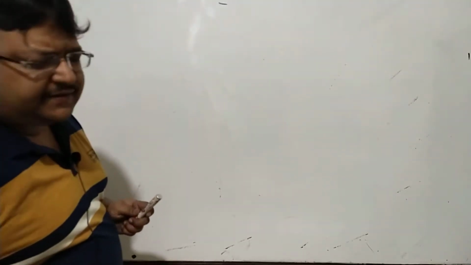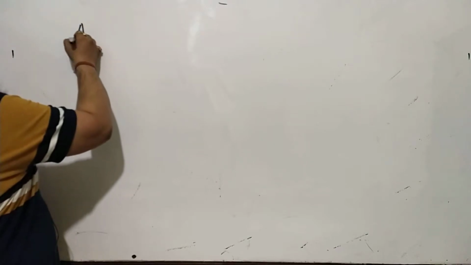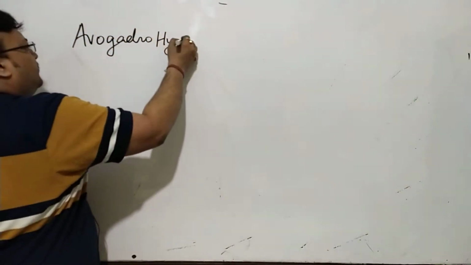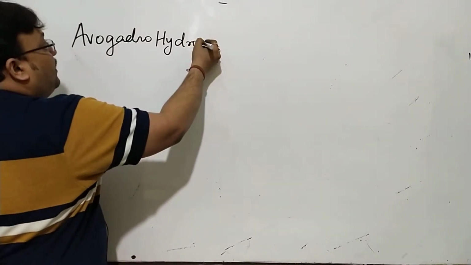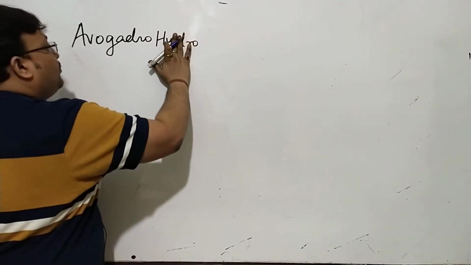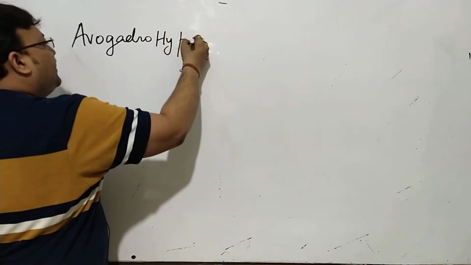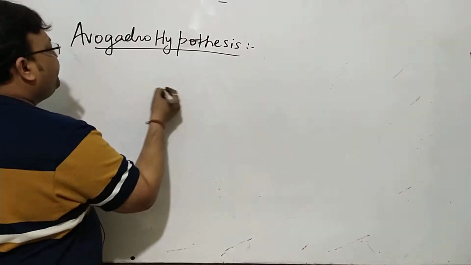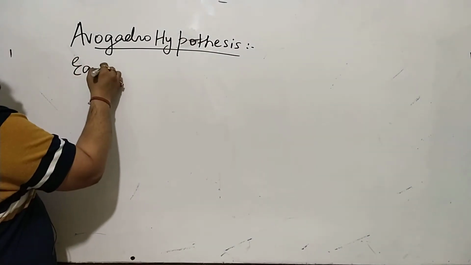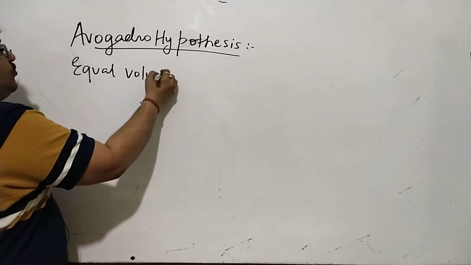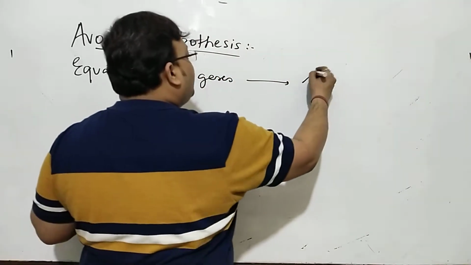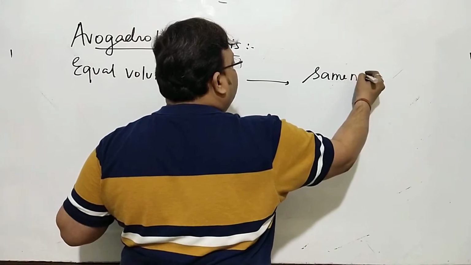Avogadro's hypothesis in the beginning of 19th century, almost 200 years back, said equal volume of all gases under the same conditions of temperature and pressure will have same number of molecules.